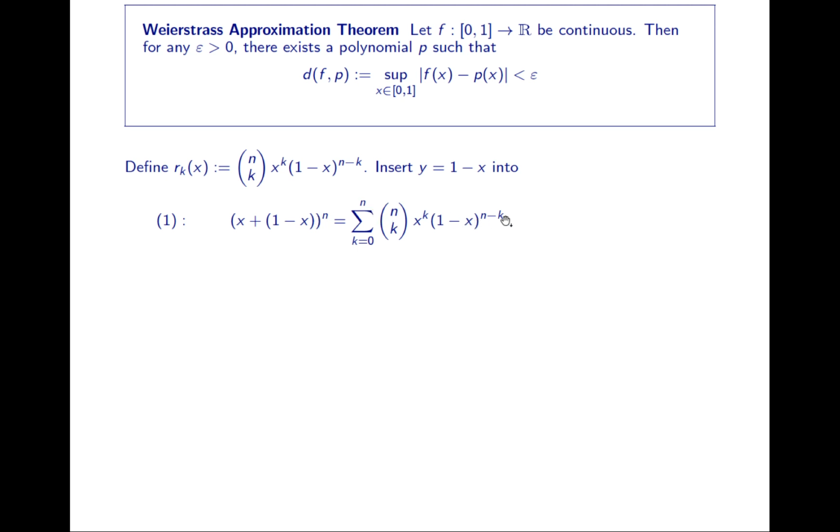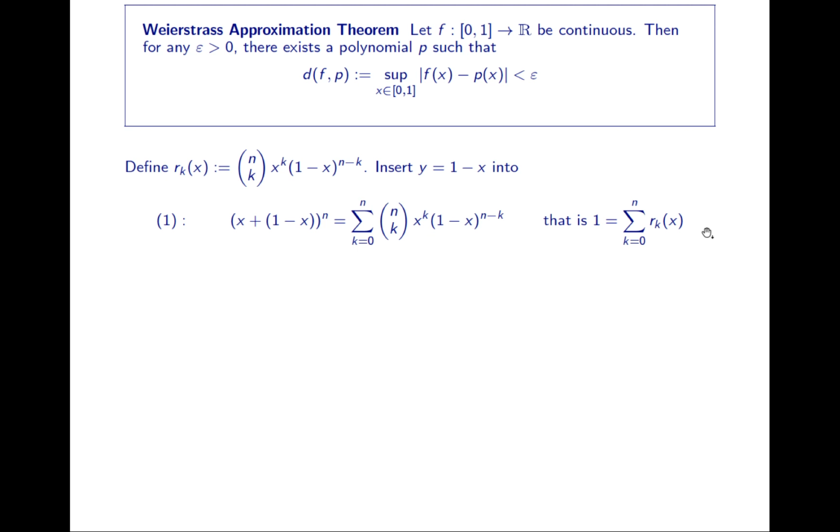And of course, notice that this expression is precisely r_k. So we're essentially just simplifying this. Now x plus 1 minus x is 1, and 1 to the nth power is 1. So we see from this expression that 1 is equal to the sum from k equals 0 to n of r_k of x.